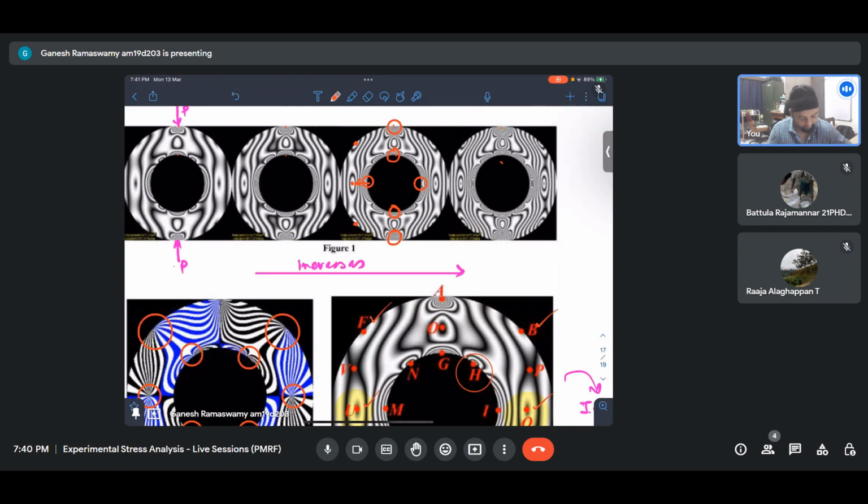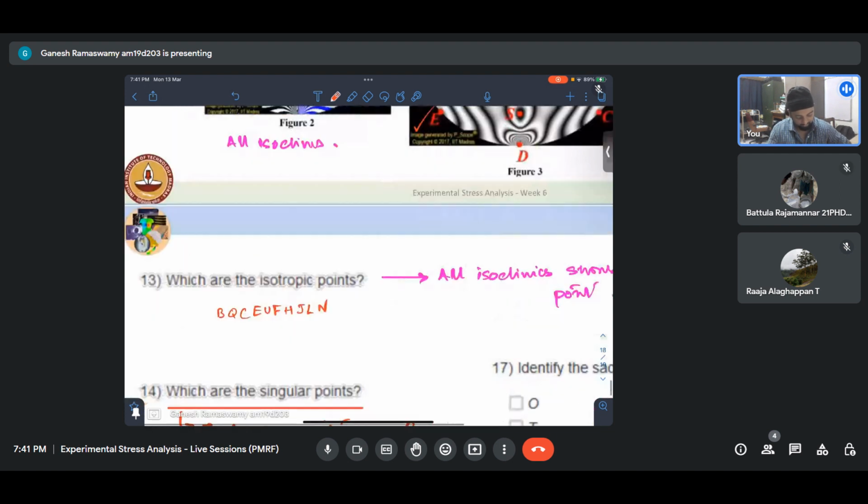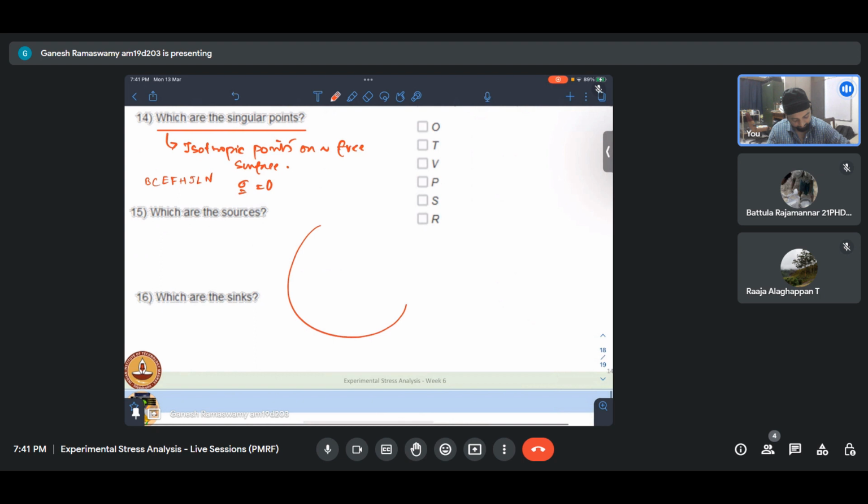Essentially, when we load it like this, the fringes come out of these points, then they come out of these points, then these. So in case of a ring, fringes emanate from here, they emanate from here, and they emanate from the load application point.